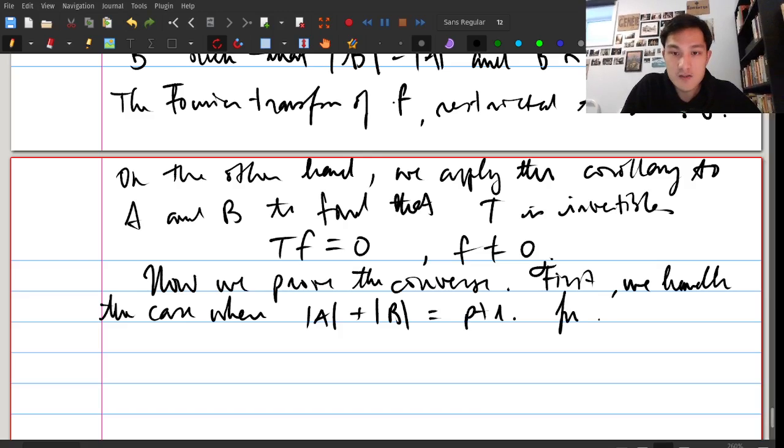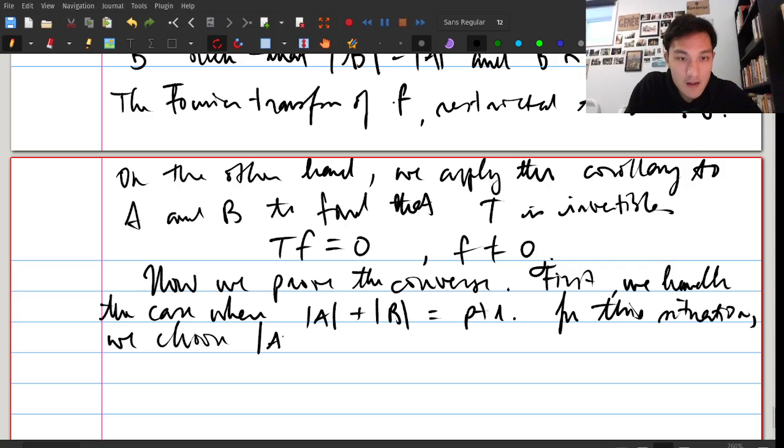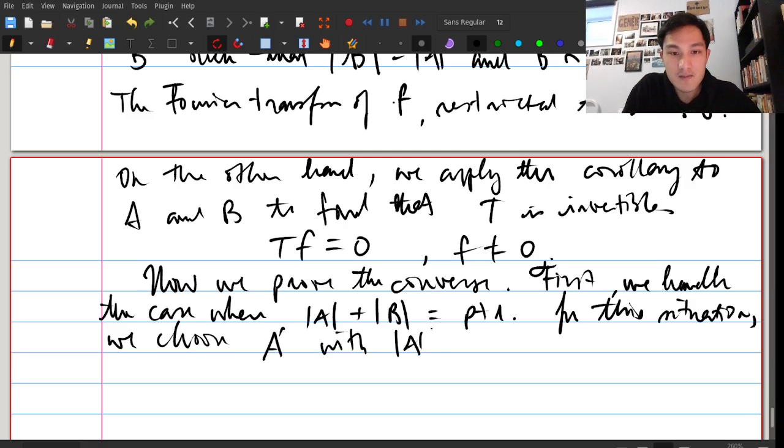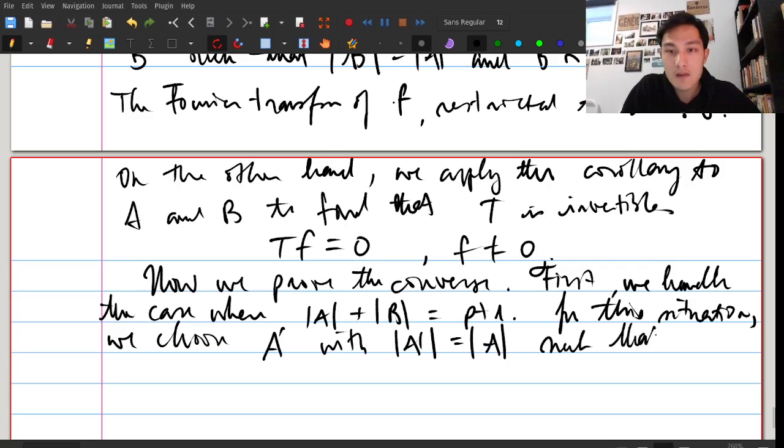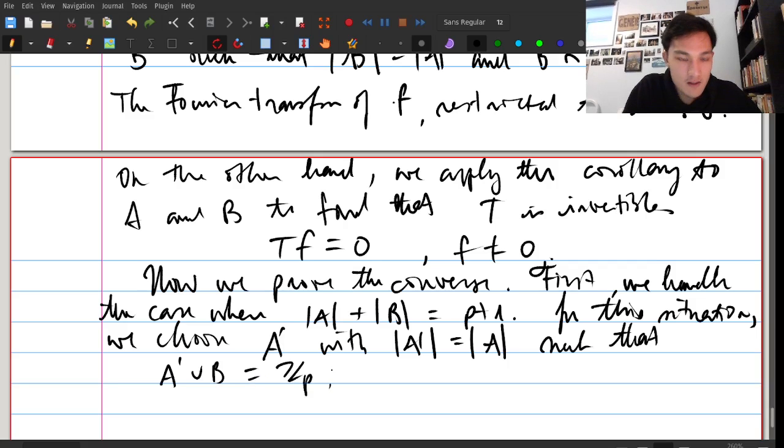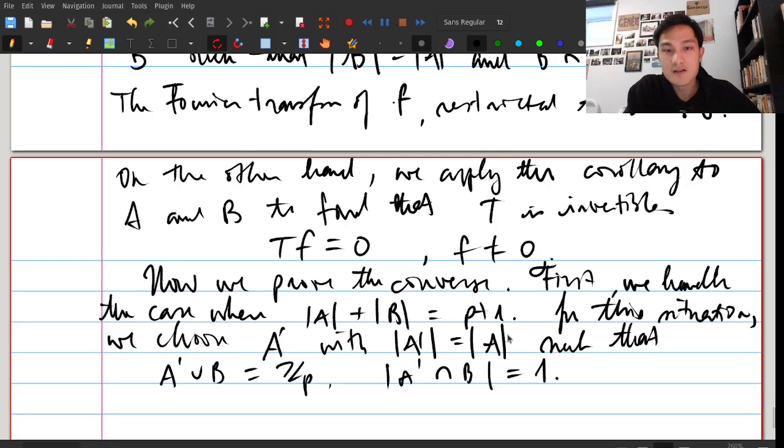In this situation, we choose A prime, which is going to satisfy some cardinality condition. We choose A prime with the size of A prime equal to the size of A, such that A prime union B is equal to Z_p, and A prime intersection B has exactly 1 point.